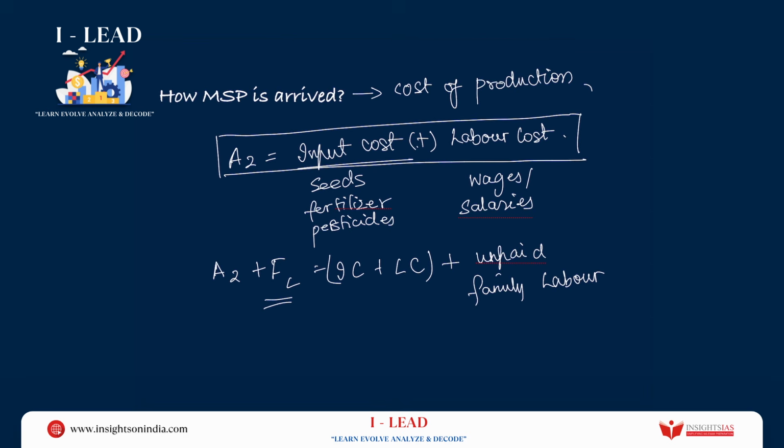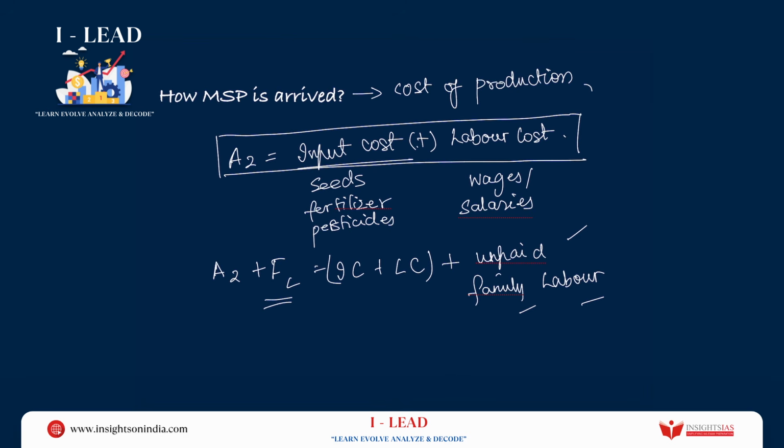They will also work. But will I pay all of them a salary? Will I pay my parents? Will I pay my wife? Will I pay my children a salary for working in the same field? No, it is not paid. So this is what is considered unpaid family labor. This, along with the rest, is what is called A2 plus FL.